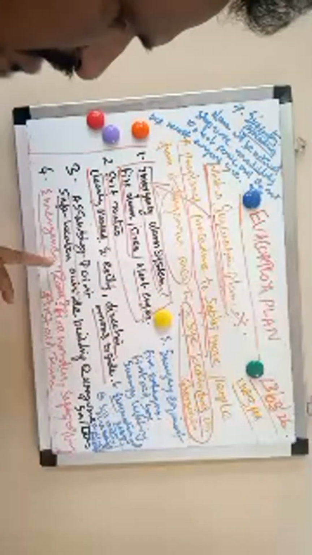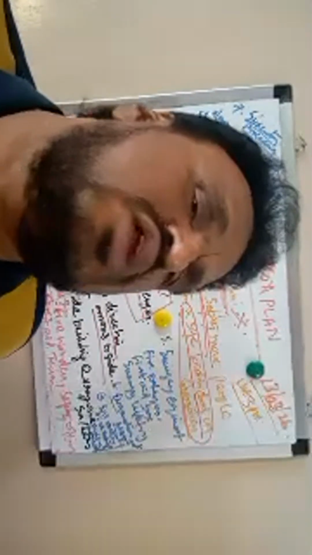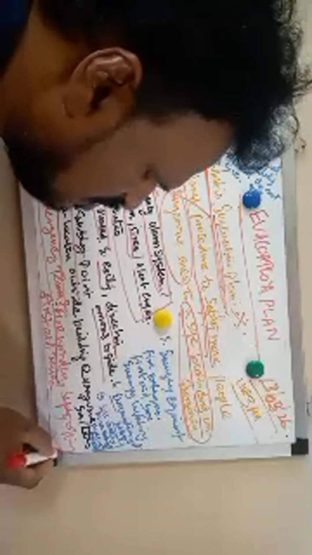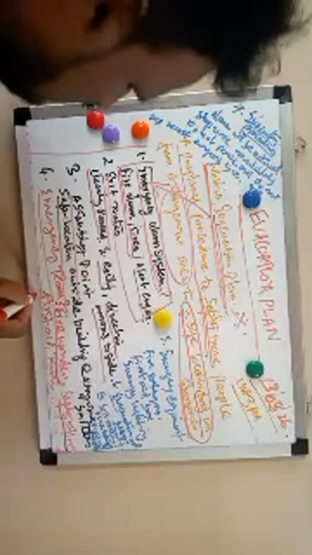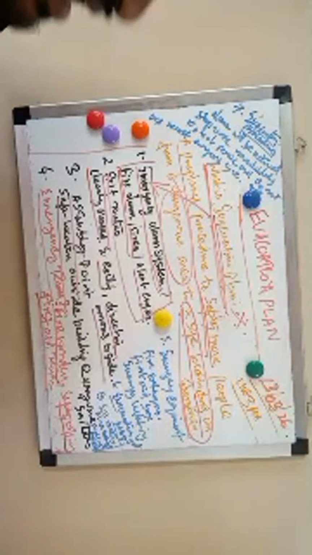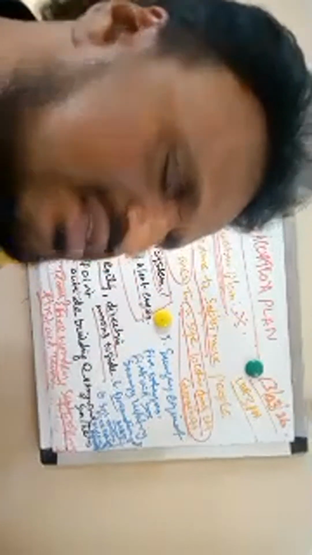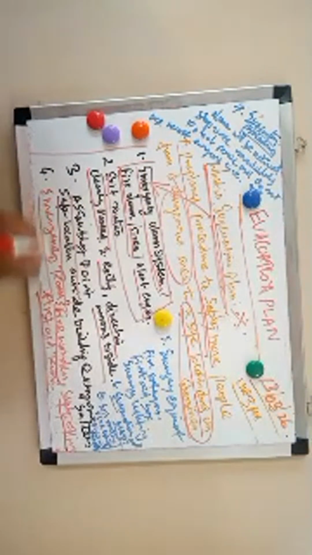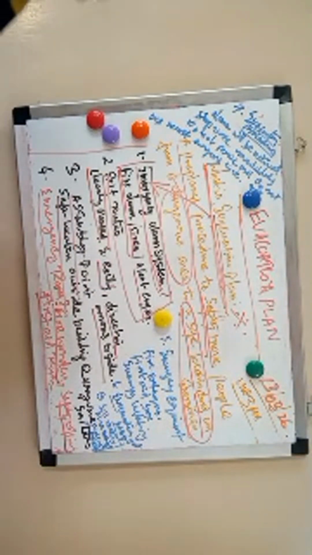Who is included in that team? The fire warden, the safety officer, and then the first aid instructor, whom we can call a first aider. Sometimes there are many people, in that case a first aid team. So the fire warden, safety officer, and first aid team are included in this emergency response team.